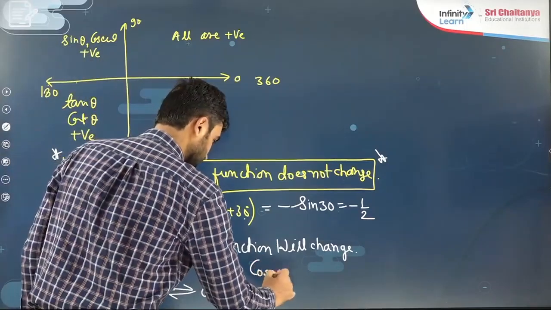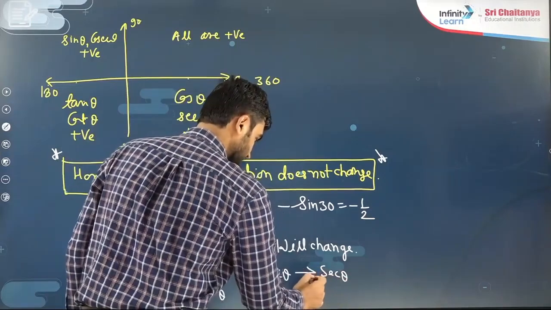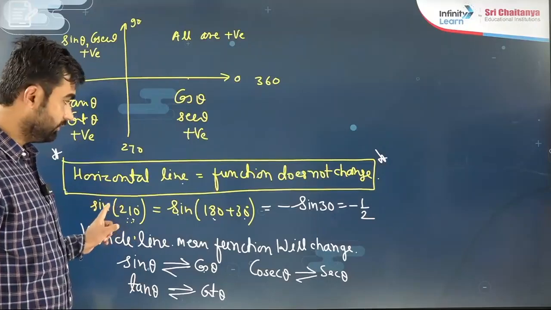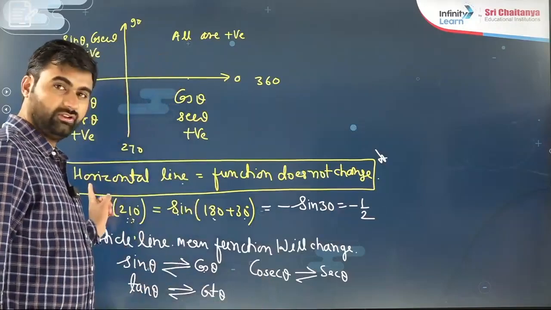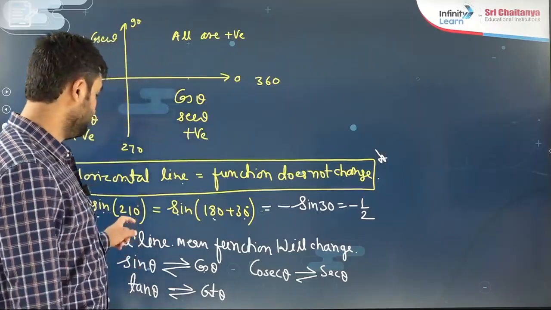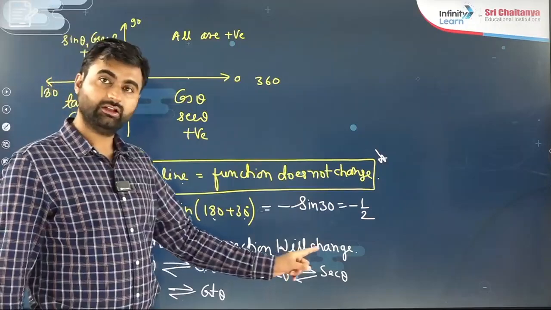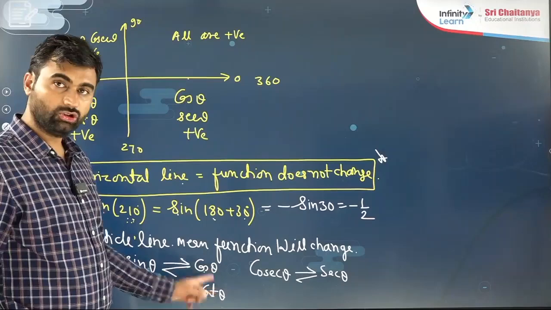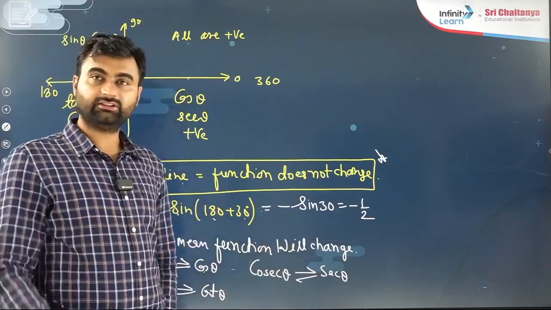Cosec theta changes into sec theta, and sec theta changes into cosec theta. If tan 210 is there, then tan 210 converts into cot. If cot 210 is there, then cot theta will convert into tan theta. Understood? So if we are writing any angle with the help of the vertical line, then the function will change. And how will they change? Sin will change into cos, cos into sin, tan into cot, cot into tan, cosec into sec, and sec into cosec. Is it clear?